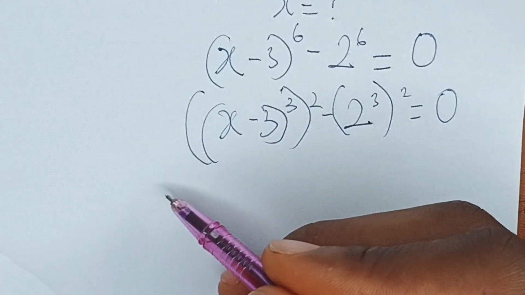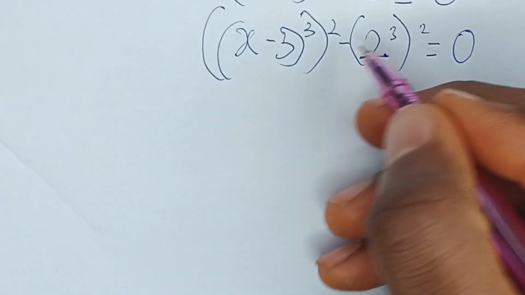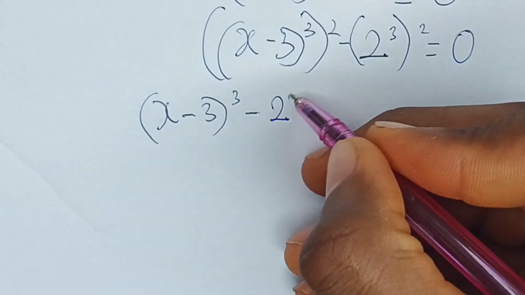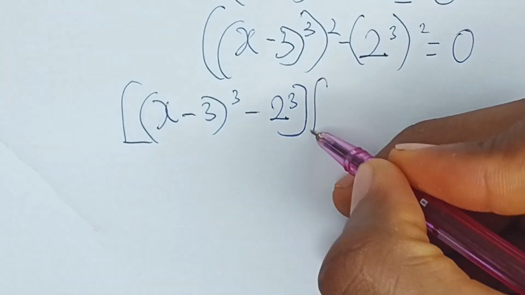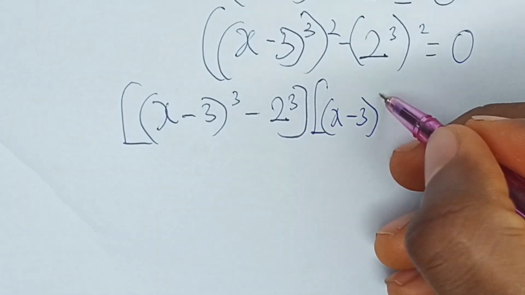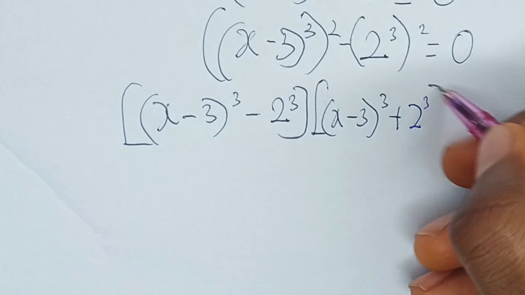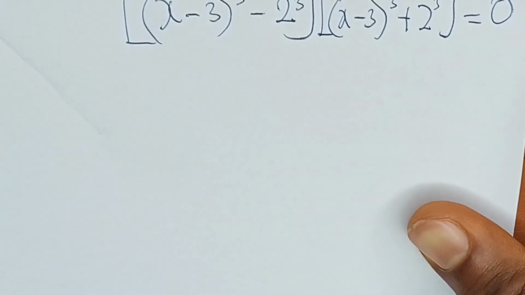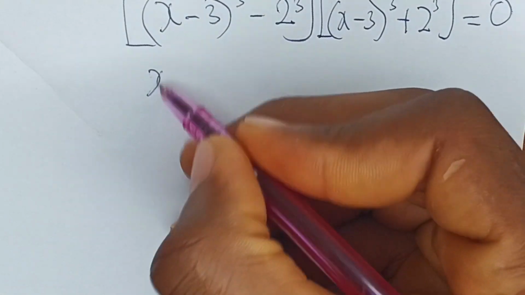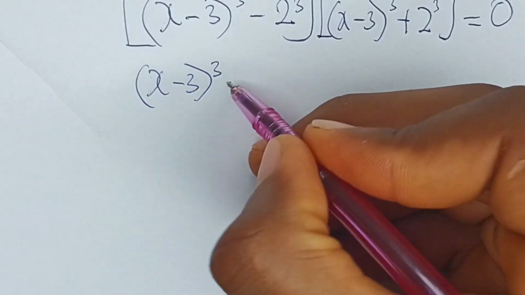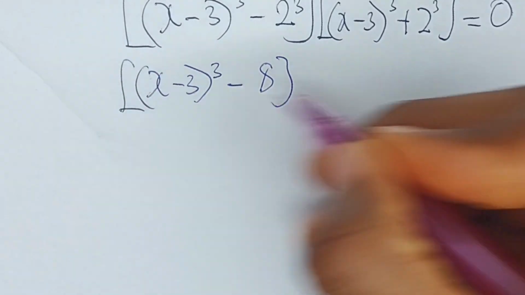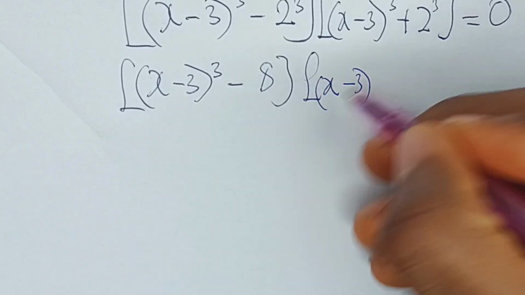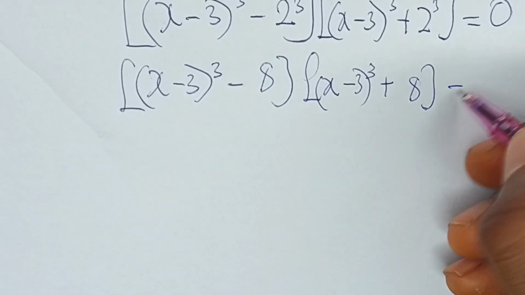From here, we can say (x − 3)^3 − 8 multiplied by (x − 3)^3 + 8 is equal to 0.